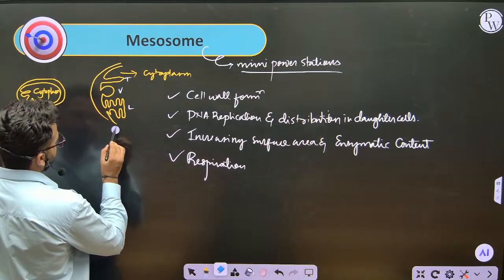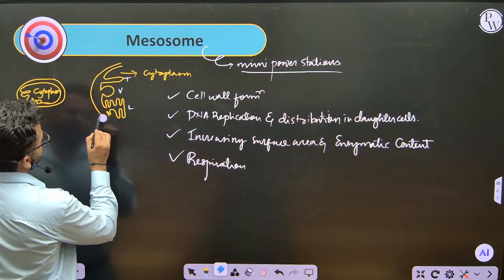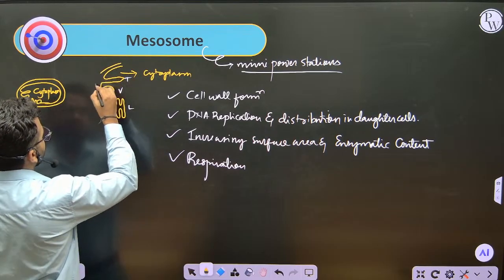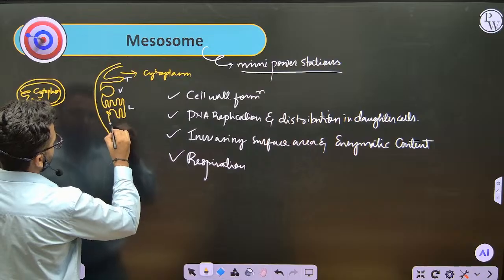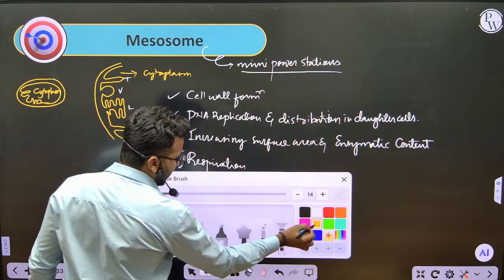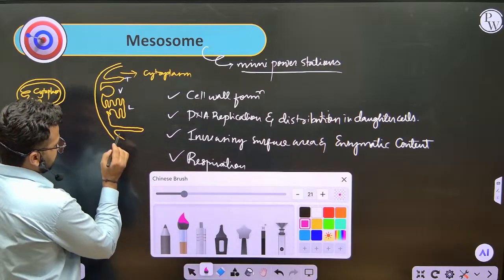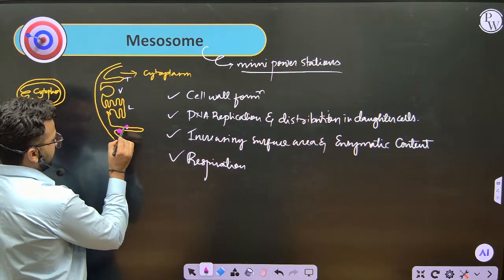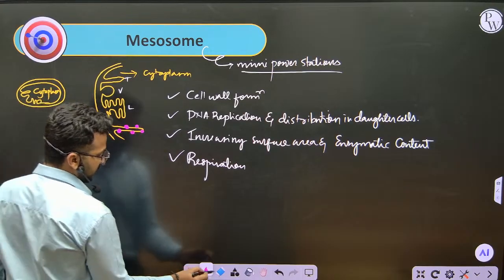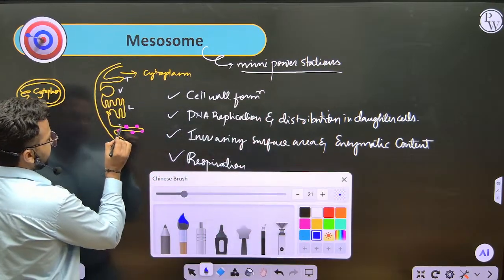Some extensions contain pigments. So some extensions are there where we can see the pigments.